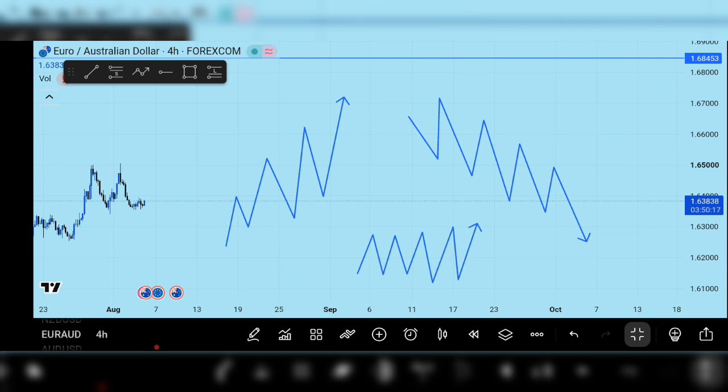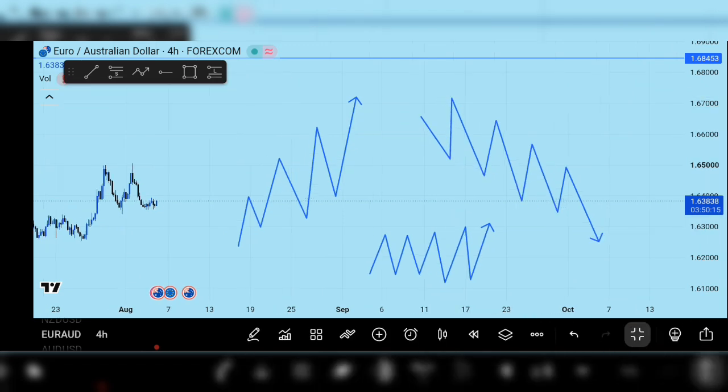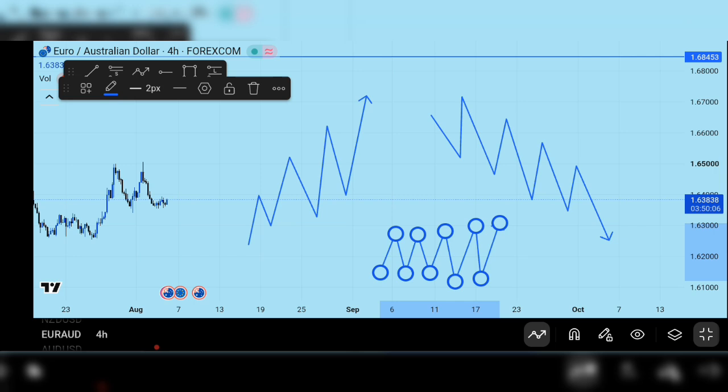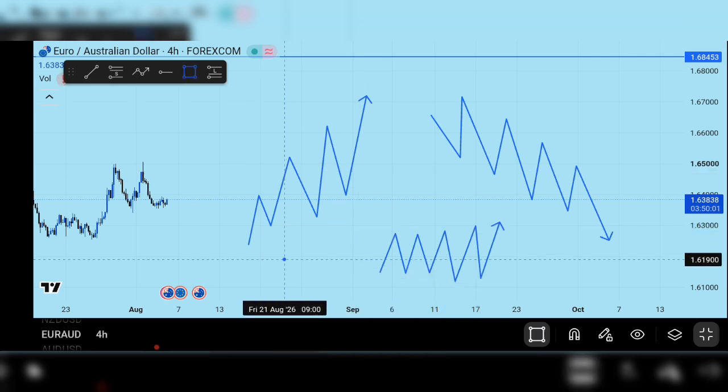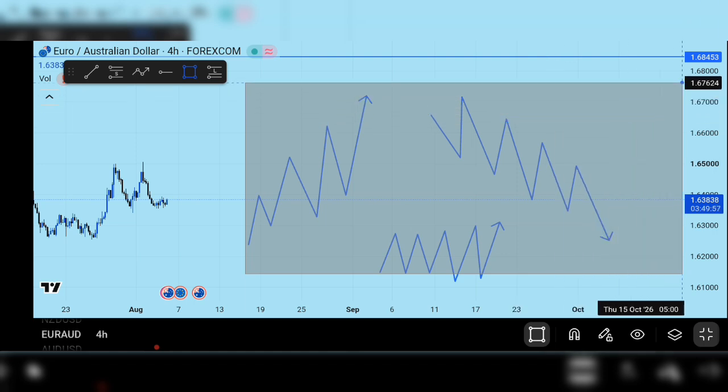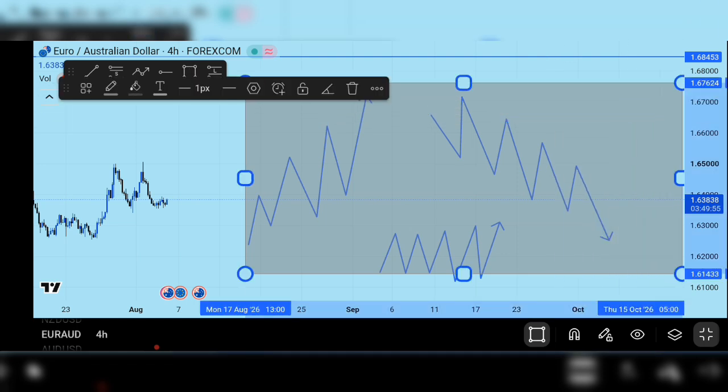Looking at this one, it is a multiple break of structure to the downside, and looking at this, you can see that this is multiple break of structure to the what? To the upside. And looking at this particular structure, you can see that there is no what? Direction. This is what we call market structure. So this is what makes up the market: an uptrend, a downtrend, and a ranging market.